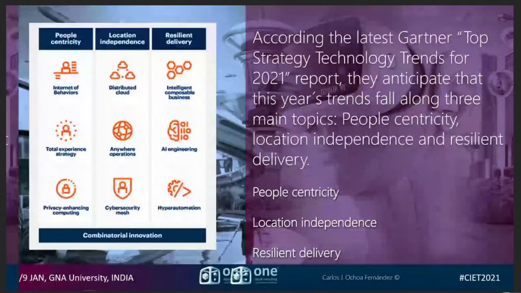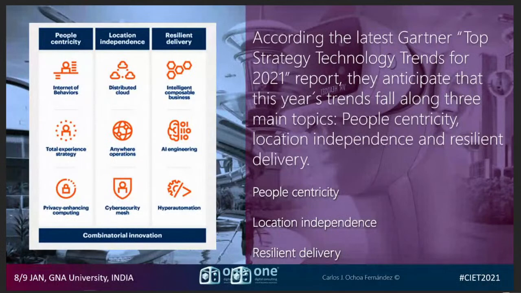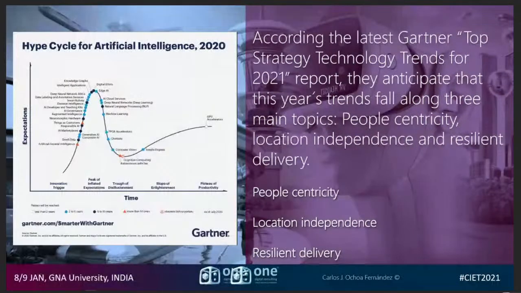So this is the impact, and we can see in this Gartner approach this kind of matrix where the combination between the different innovation factors and the people centricity, location independence, and resilient delivery interact. I will focus on those aspects where the Internet of Things and augmented human intelligence will have the biggest impact.